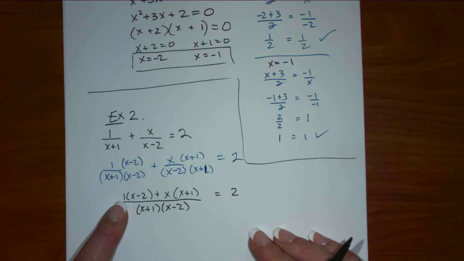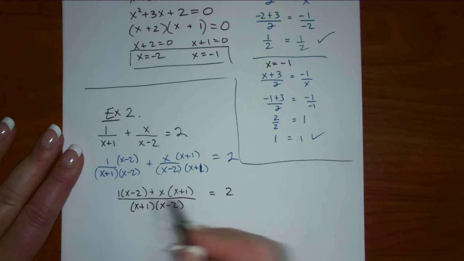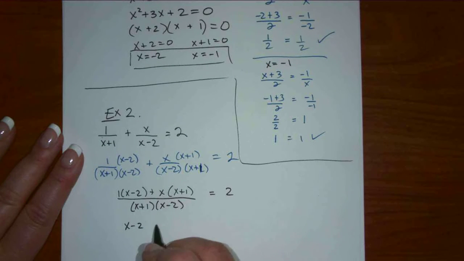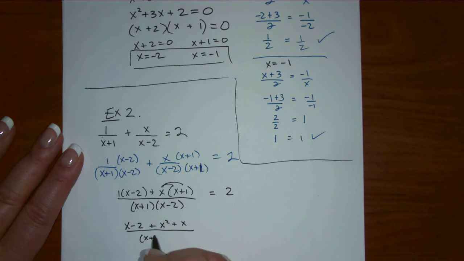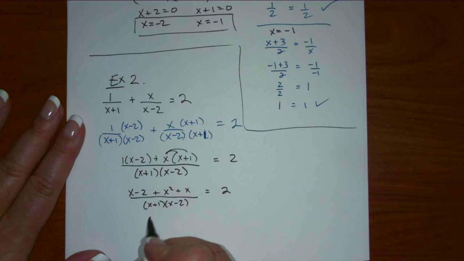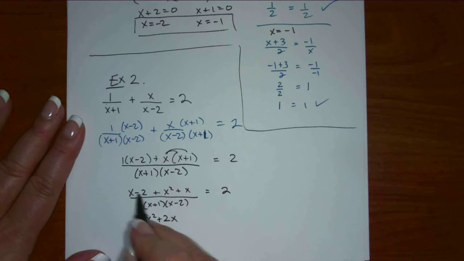The top, work it out. So 1 times that is just x minus 2 plus x squared plus x. So on top we've got an x squared, x plus x, 2x minus 2.